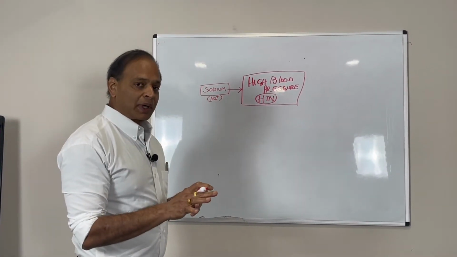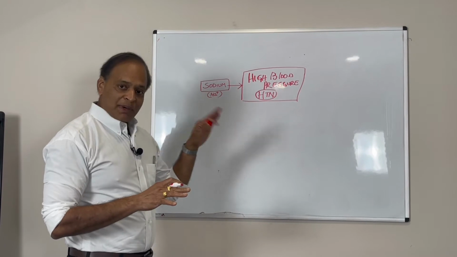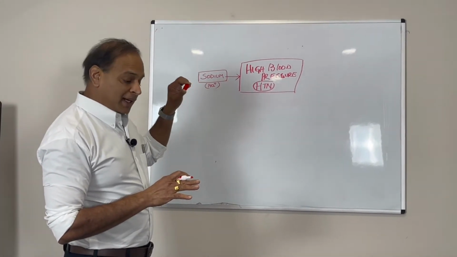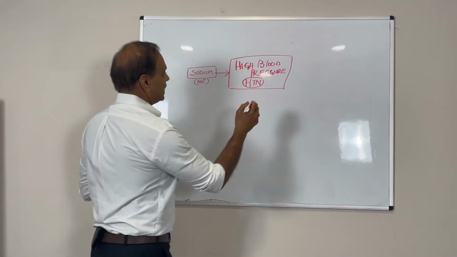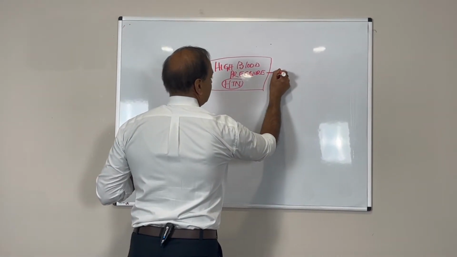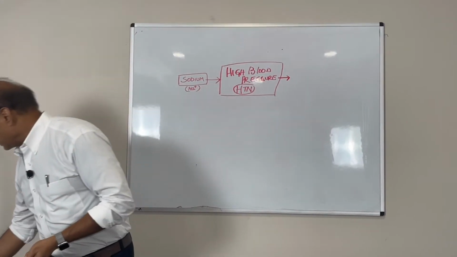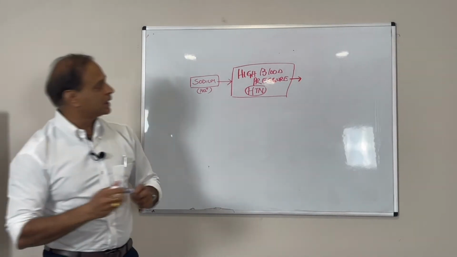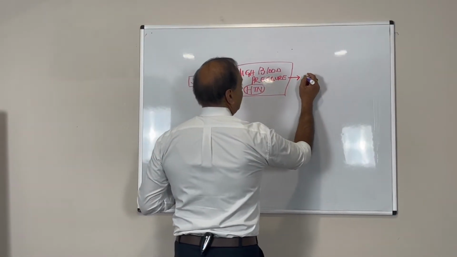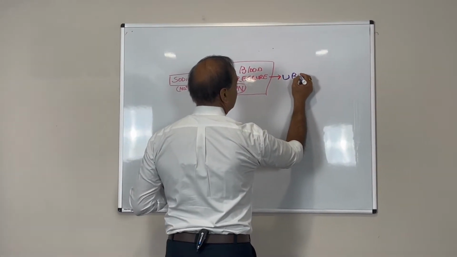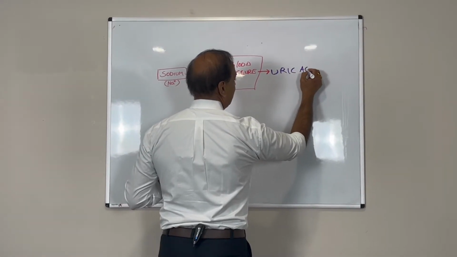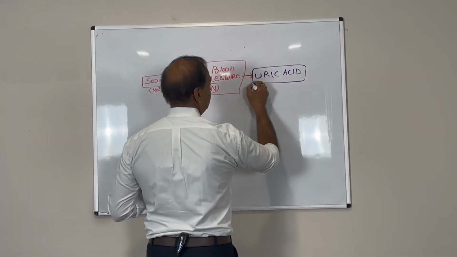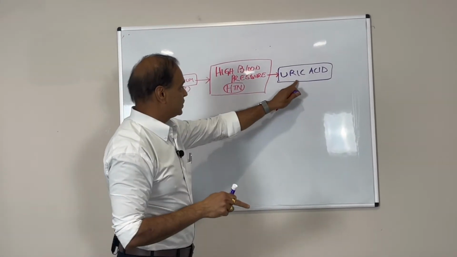What is the other one that is going to increase the blood pressure? What is the other factor, or other chemical in the blood, which is going to increase the blood pressure? I'm going to put a different picture so you can differentiate better, and that is uric acid.